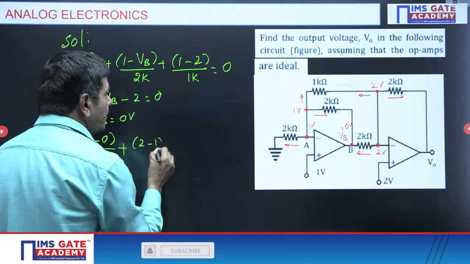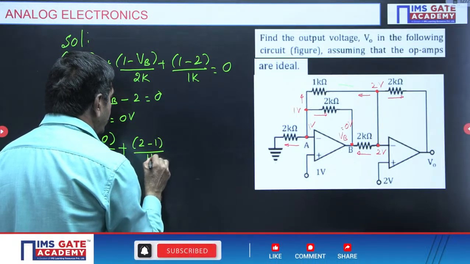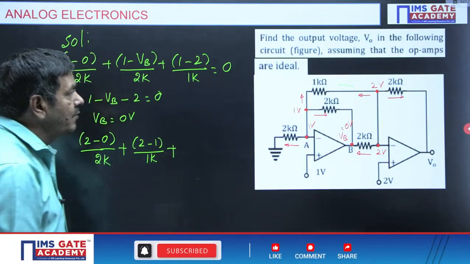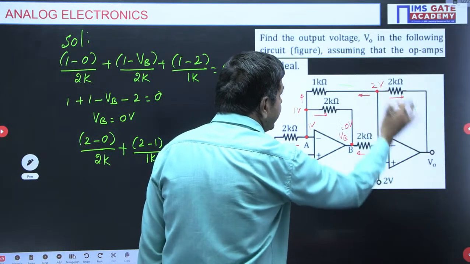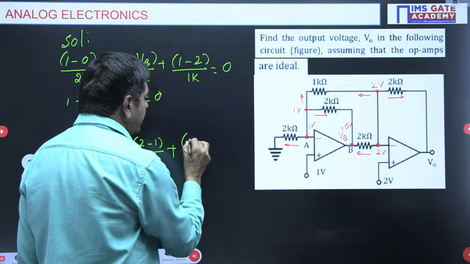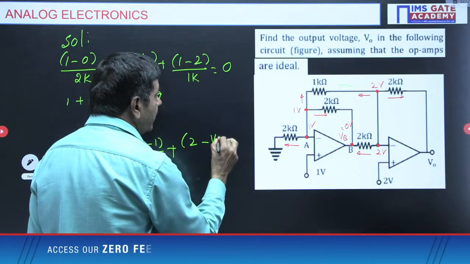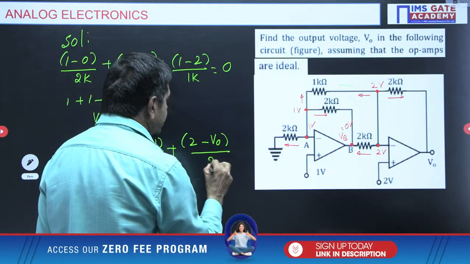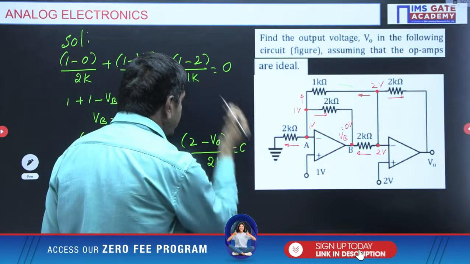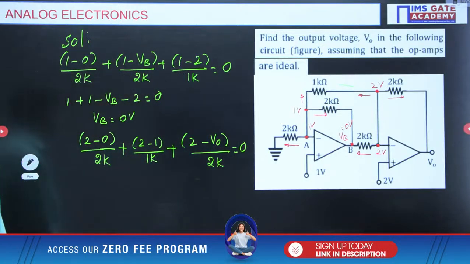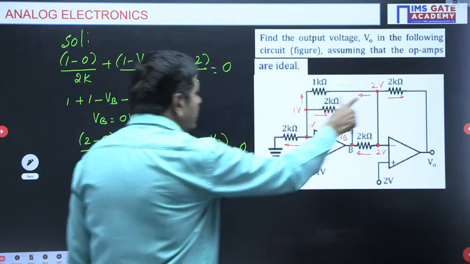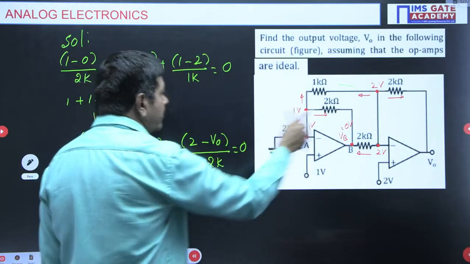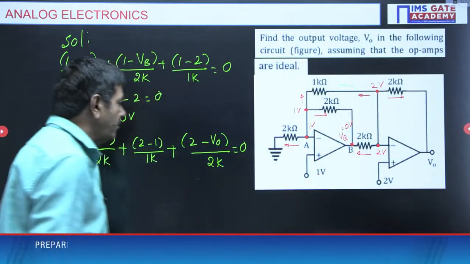One more current, plus 2 minus 1 by 1k. And this current is nothing but 2 minus V naught by 2k. The summation of all the currents equals 0. You know very well. Again repeating: 2 minus 0 by 2k, 2 minus 1 by 1k, 2 minus V naught by 2k equals 0.